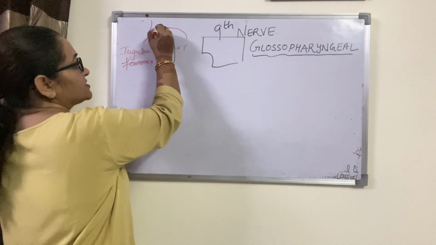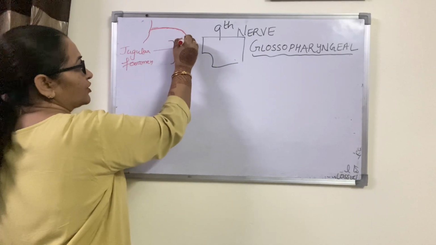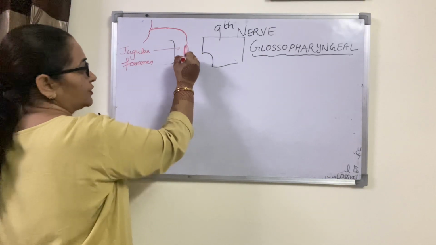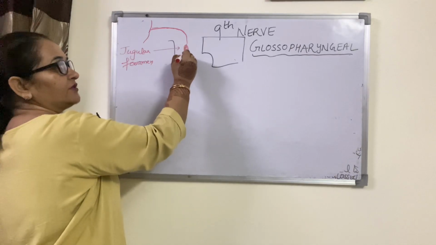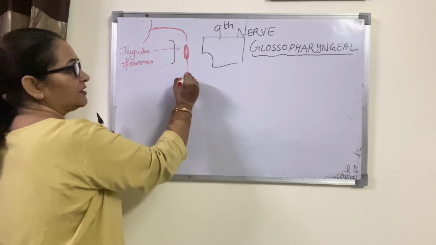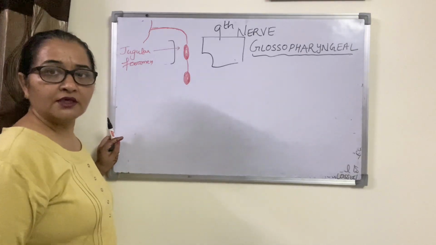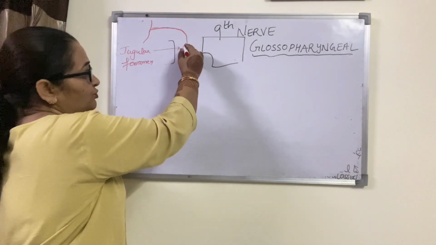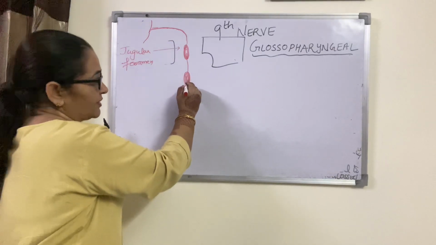Clear? As this nerve is passing through this jugular foramen, it bears the ganglia. I told you that it has two ganglia, the superior ganglia and the inferior ganglia, which is just lying beneath the jugular foramen. Clear? Now once this nerve is leaving through this jugular foramen, it is coming here.